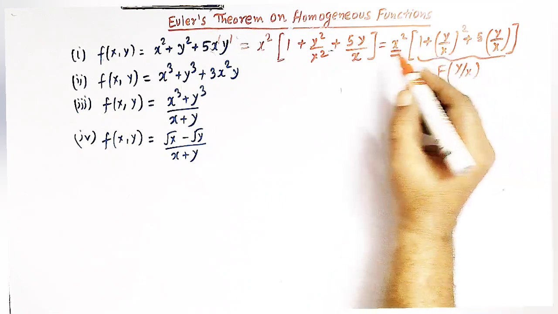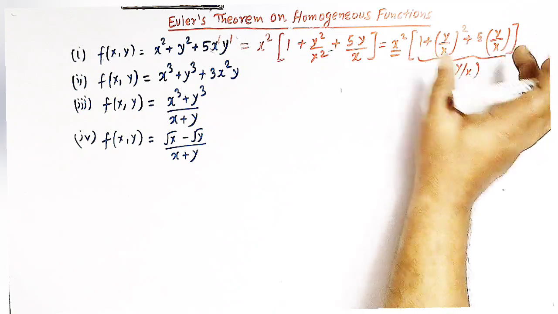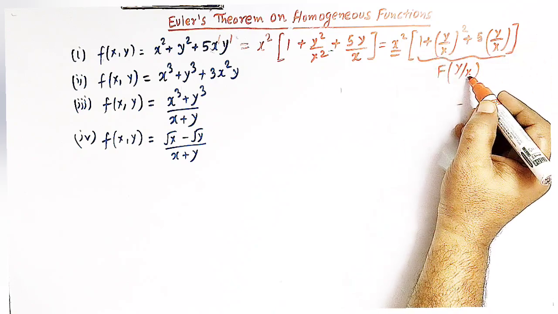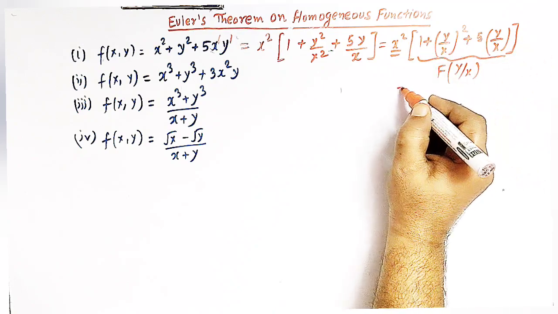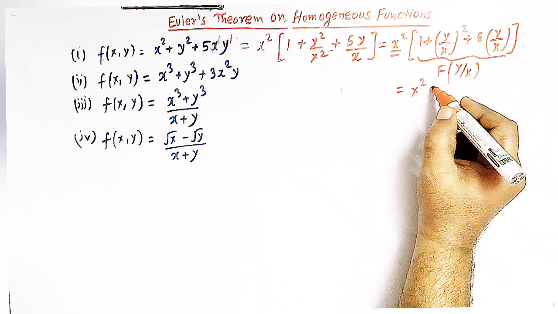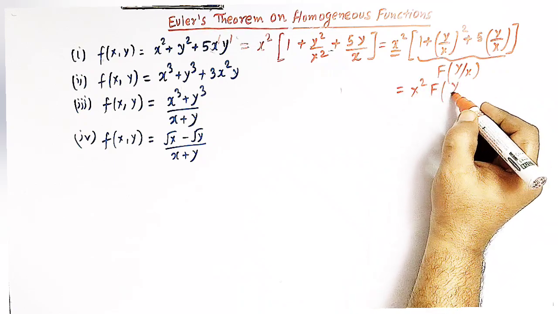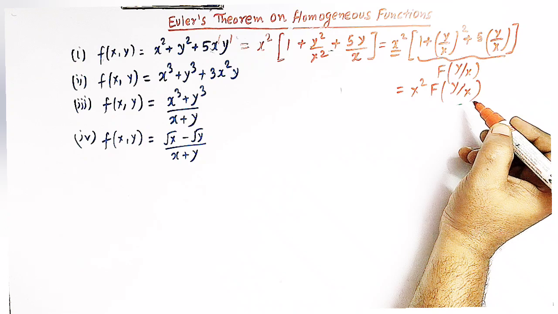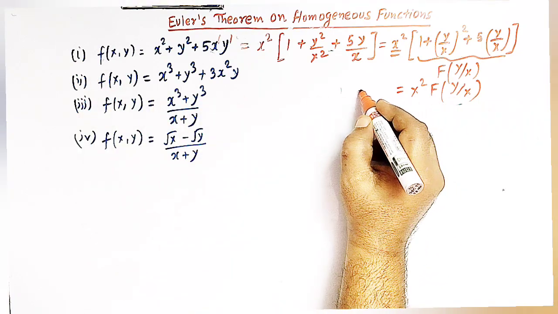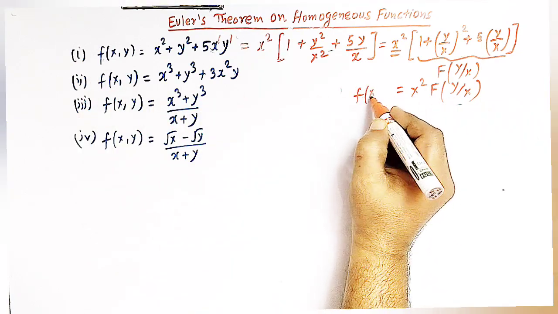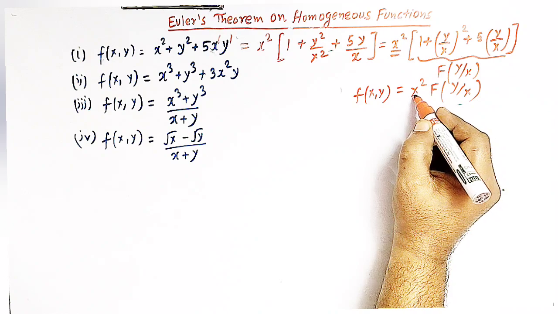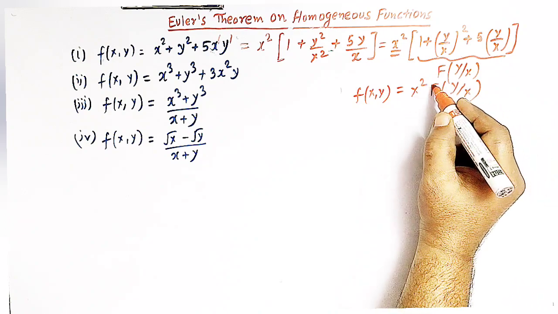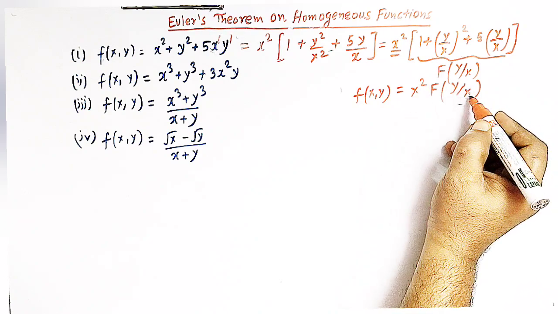Now this is a function of y over x, and here we have x square. So if we denote this expression by F of y over x, then we can write x square times F of y over x. Right, so now our function small f of x comma y is equal to x square times capital F of y over x.